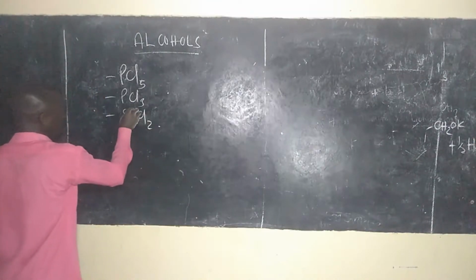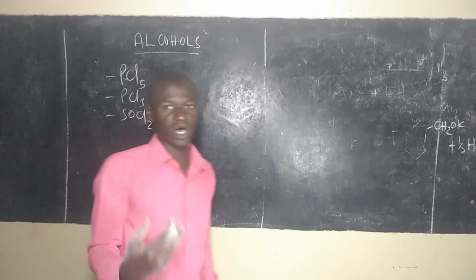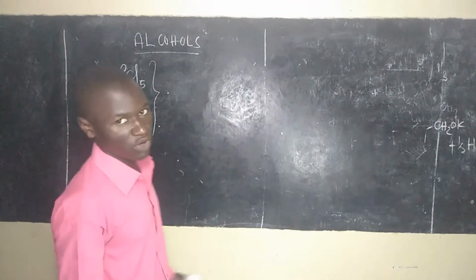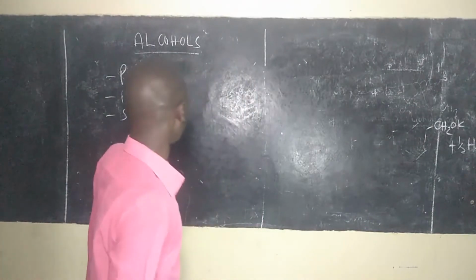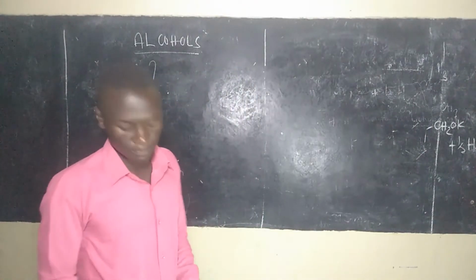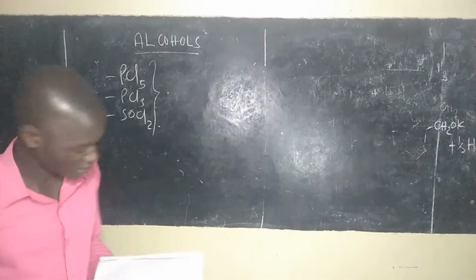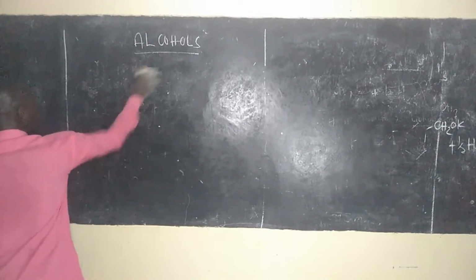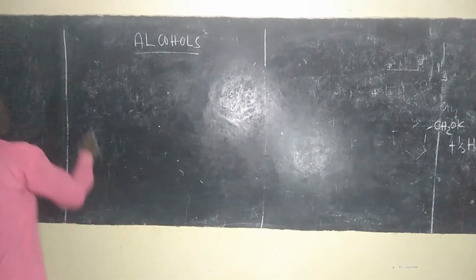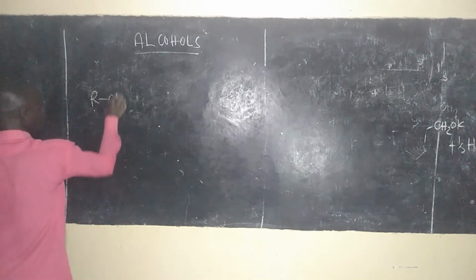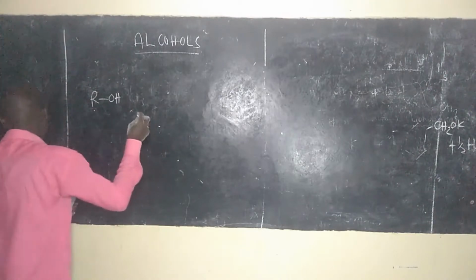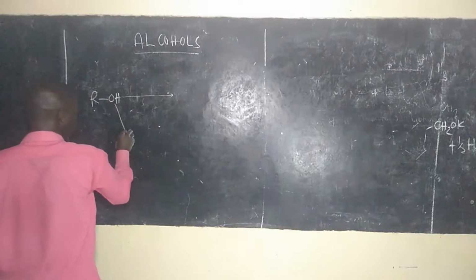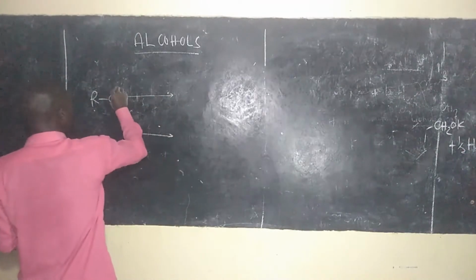Sasa kama tukichukua alcohol tukimreactisha na hizi hapa, products wanapokuwa formed wanakuwa na differ. The reaction of alcohol with these reagents produce different products under the same conditions. So let's say we have an alcohol ROH, then tuna reactisha na hizi reagents.